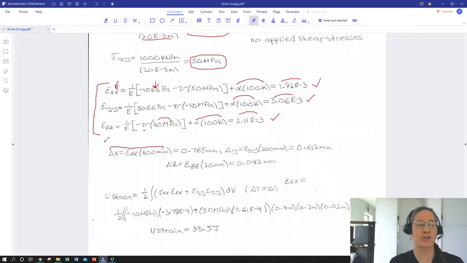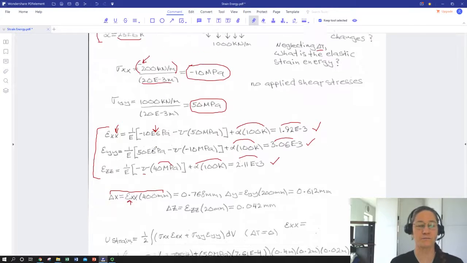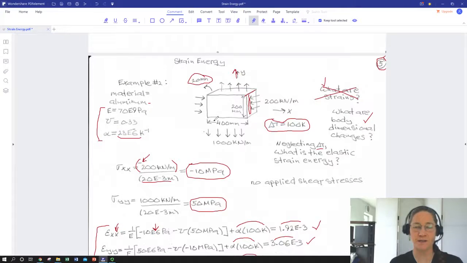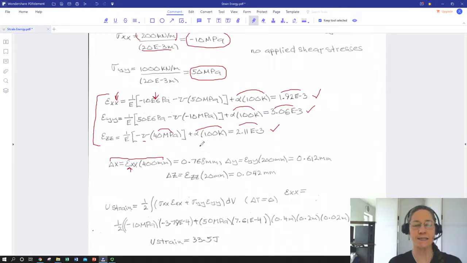So we can say our change in the x dimension is our normal strain in the x direction times the original length in the x direction, which in this case was 400 millimeters. We'll do the same thing for the y, 200 millimeters times εyy, and 20 millimeters times εzz, and that'll give us our new dimensions.